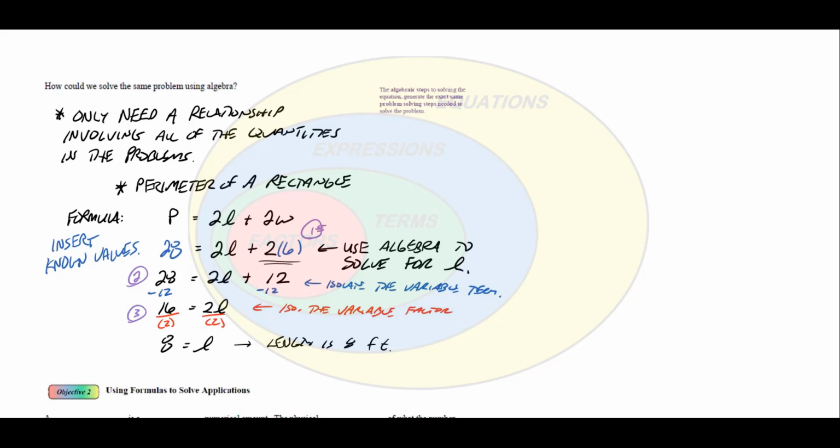When we subtracted the 12, we get the 16. Notice what the algebra is telling us. 16 equals 2L. 16 is how much fence I need for the two lengths. And then when I divide by 2, I get 8 equals L. So 8 equals one of the lengths, which is L. If we just let algebra be read as a language, it's basically telling us exactly what we need to do to solve.